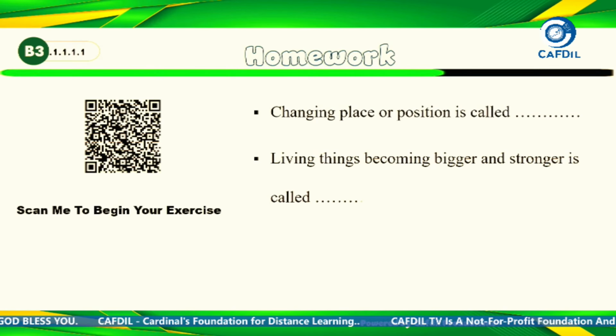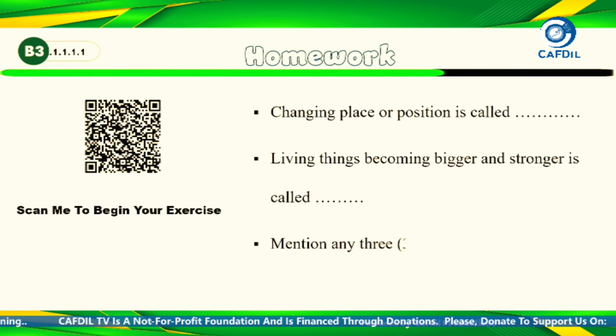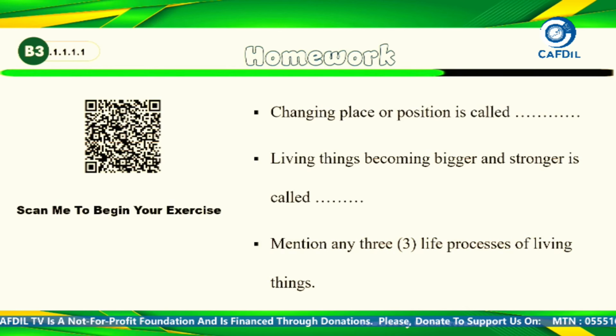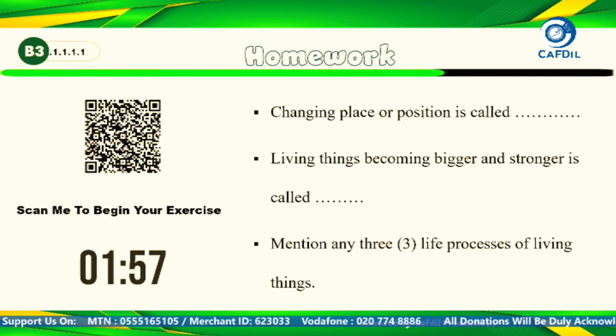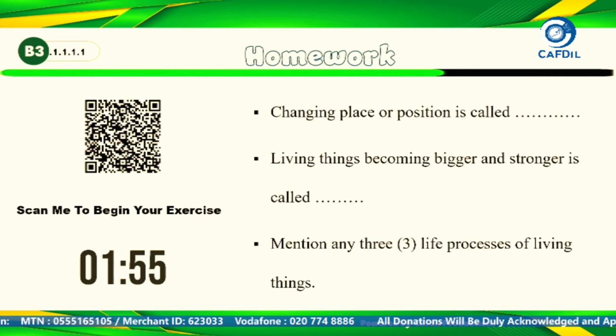Living things becoming bigger and stronger is called dash. Number 3. Mention any 3 life processes of living things. Good. So you copy your homework. I'll give you some time and then you copy.